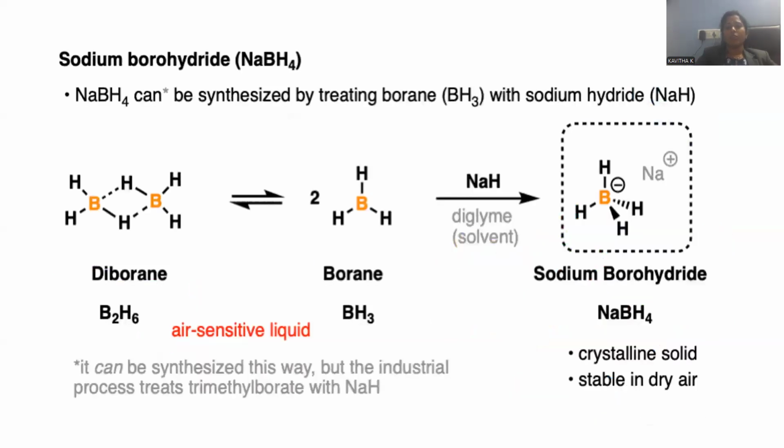Let me show how the sodium borohydride synthesis is accomplished. In order to synthesize sodium borohydride, we need to start with diborane. Diborane is a banana bond containing compound, B2H6, a kind of bridged compound.